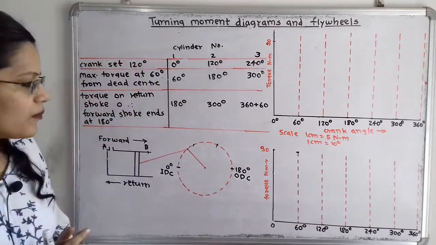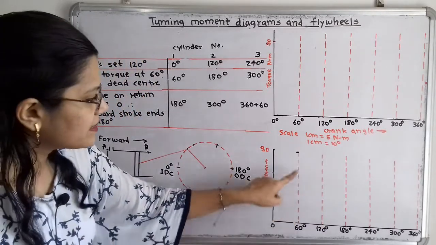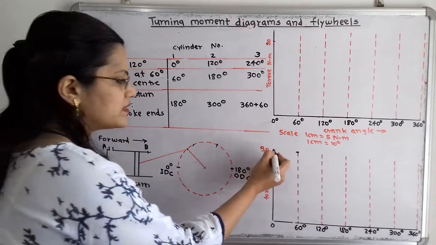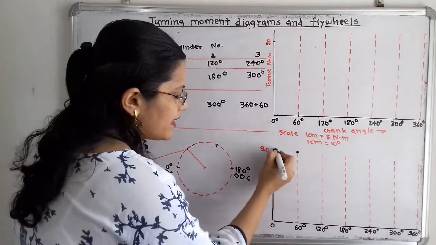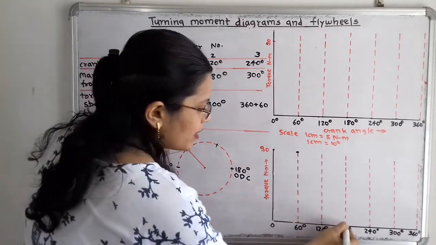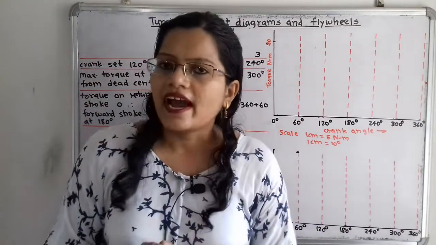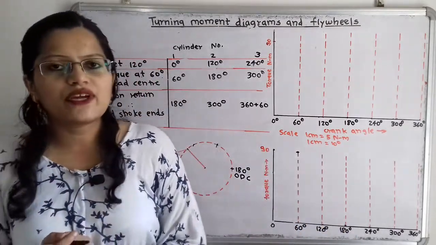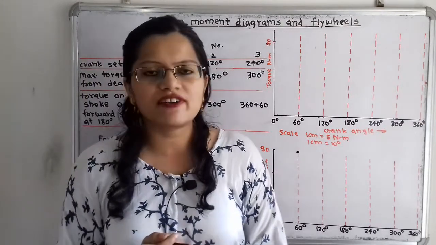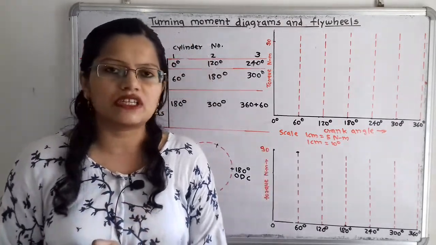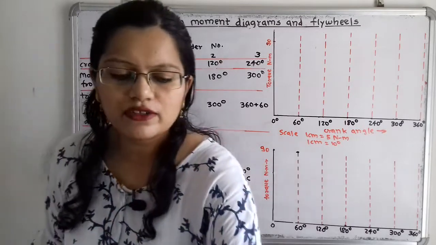If we observe, at this 60 degree there is the maximum torque. So we will select one point at 90 Newton meter, and at 180 degree this forward stroke is completed. This turning moment diagram we have to show in the shape of a triangle, and that is also mentioned in the question. So I will draw here.